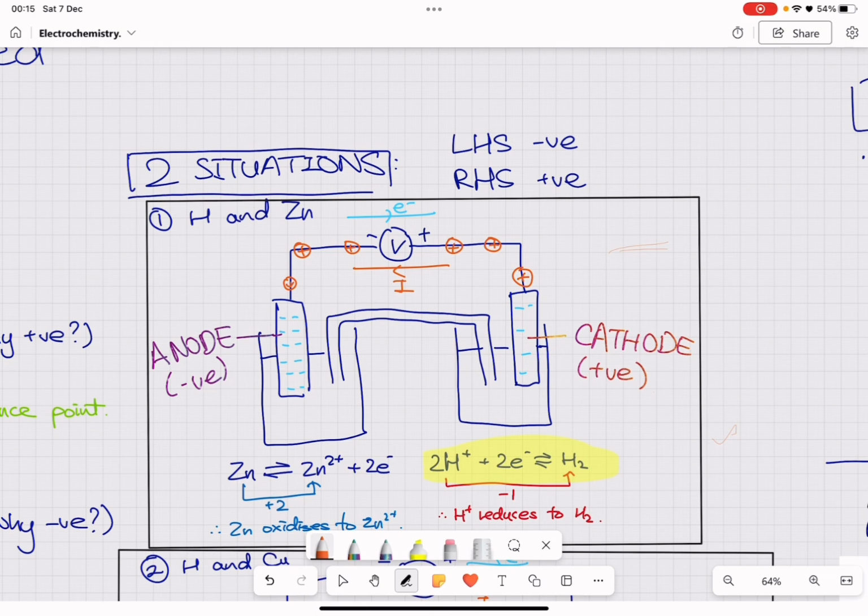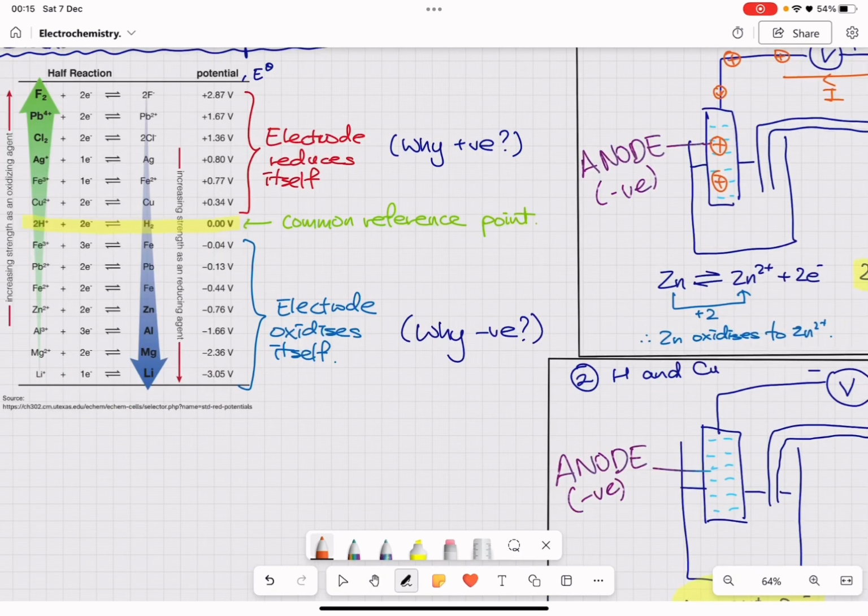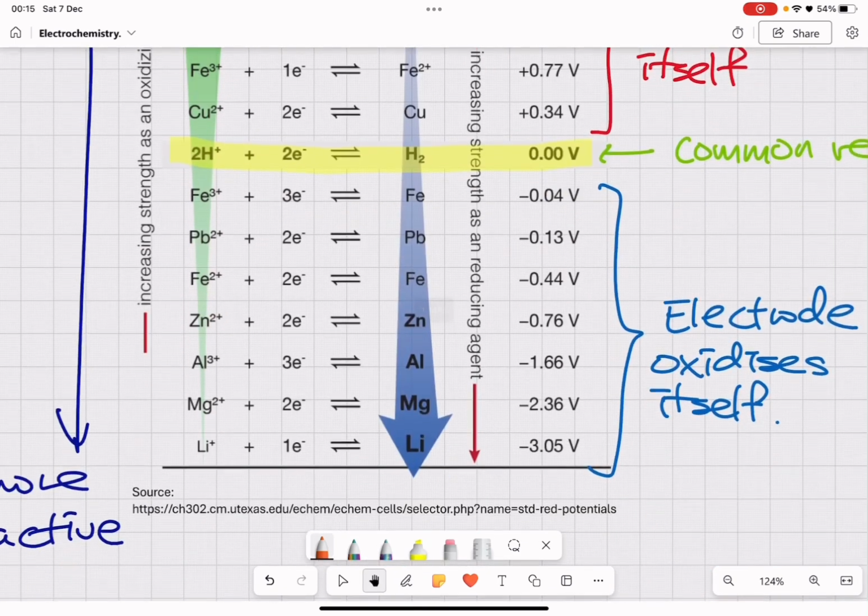And if you look at the zinc electrode, it's receiving those positive charges. It is not doing the work. And therefore, since no work is being done by the zinc, sorry, I can't speak anymore. For the zinc electrode, work done is negative. Hence, it has a negative potential. And this is why we have a negative potential for zinc.